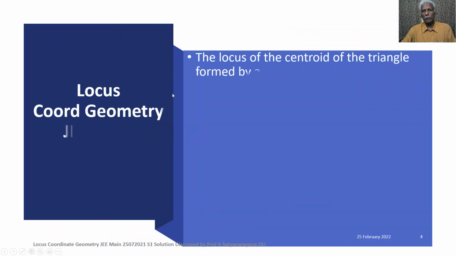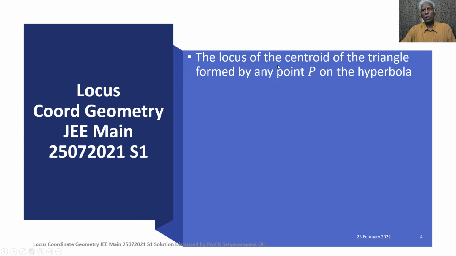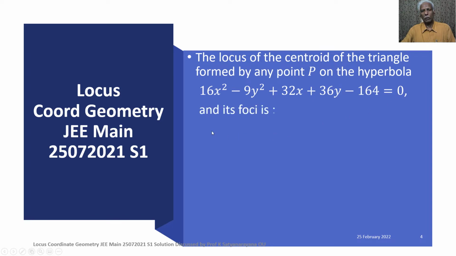The problem is: the locus of the centroid of the triangle formed by any point P on the hyperbola 16x square minus 9y square plus 32x plus 36y minus 164 is equal to 0, and its foci is.